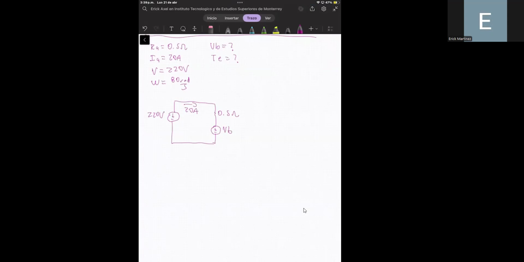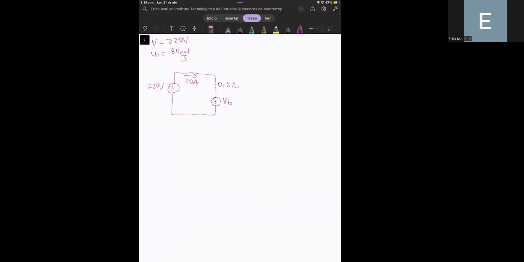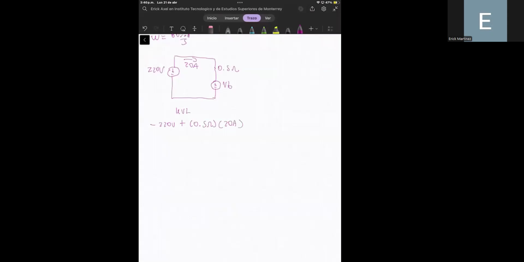We first need to compute this back EMF voltage, so we can apply Kirchhoff's voltage law. We add each of the voltages within this loop: minus 220 volts plus the voltage drop in the resistor, 0.5 ohms times 20 amperes, plus the back EMF voltage, and this is equal to 0.